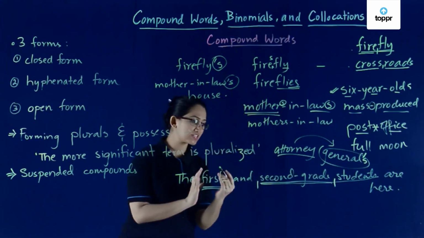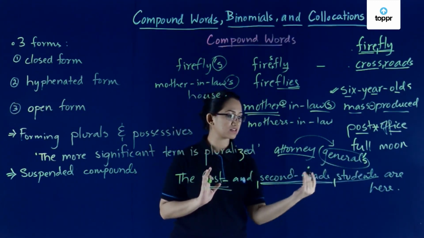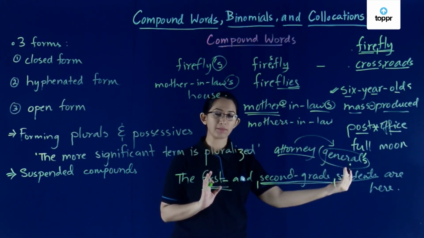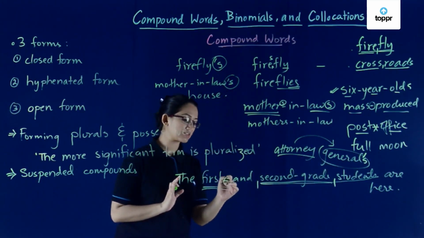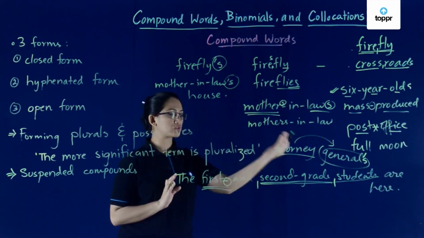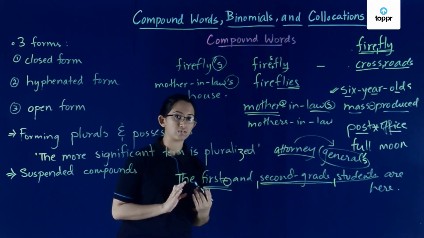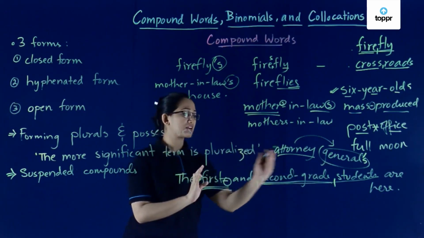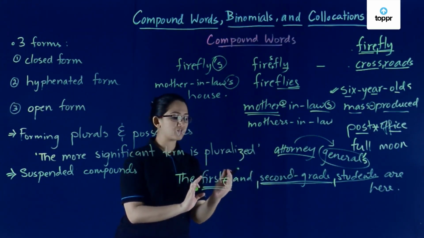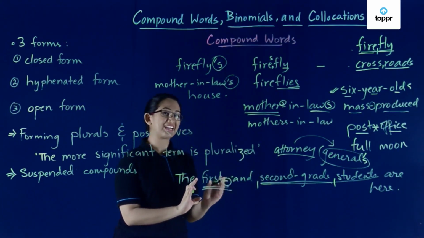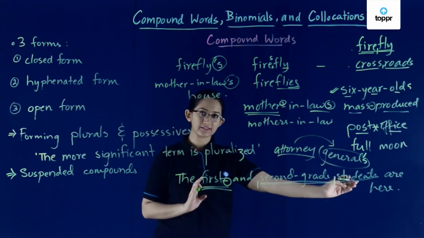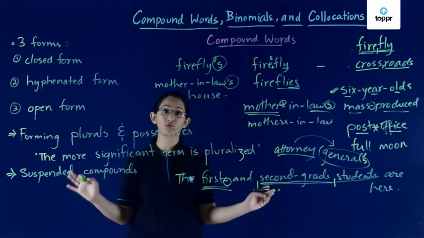However, since I've already repeated this part, the grade students, in the second compound word, I can actually delete it just by placing a hyphen to show that it is connected to the other compound word. So compound words that have one of the compounds missing the end because it is repeated in the next part are called suspended compounds.